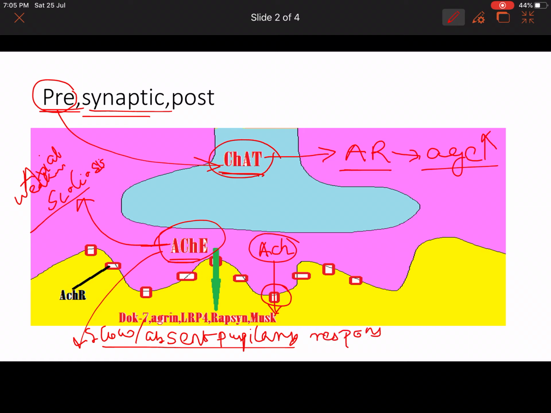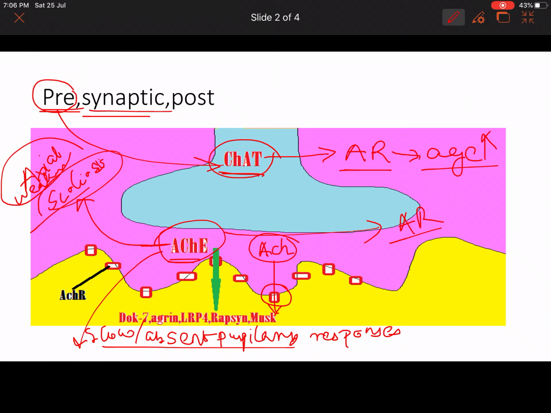This is what you need to keep in mind. So patients with acetylcholine esterase deficiency have slow or absent pupillary responses with skeletal abnormalities like scoliosis and muscle abnormalities including axial weakness. And as I have told you, they are autosomal recessive.